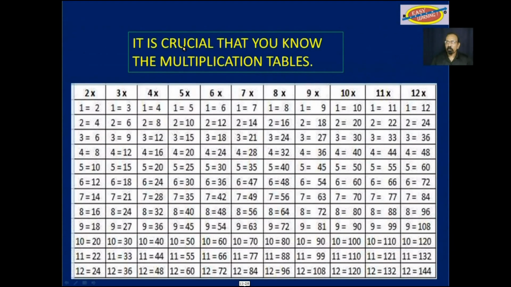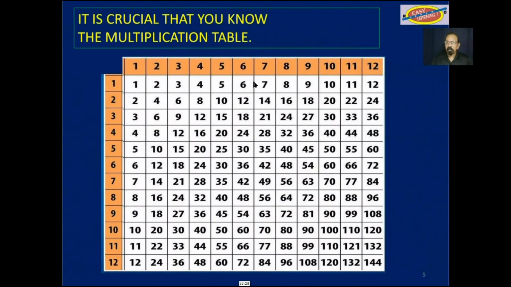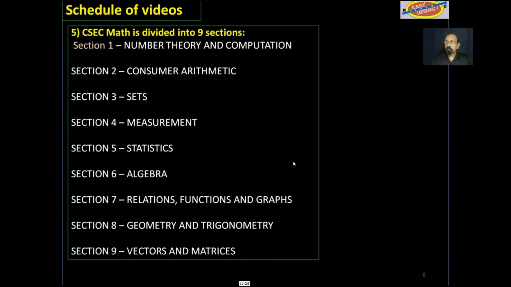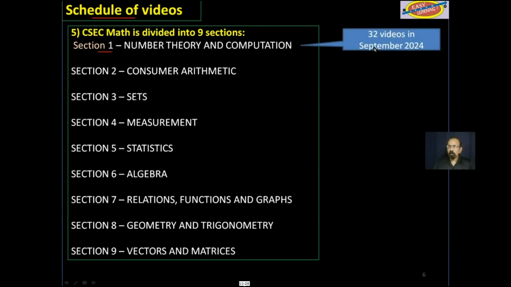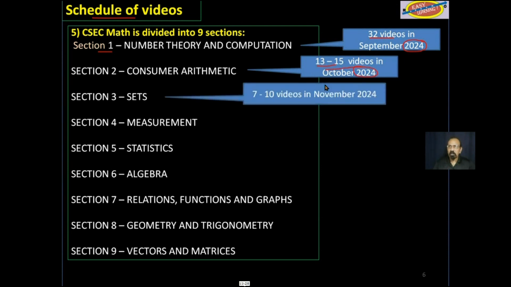Now, this is one that we are familiar with from primary school, and some people may have seen it in this format. So, the schedule of videos. Section 1 has 32 videos that I'm hoping to finish in September 2024. Section 2, maybe 13 to 15 videos in October 2024, and so on.